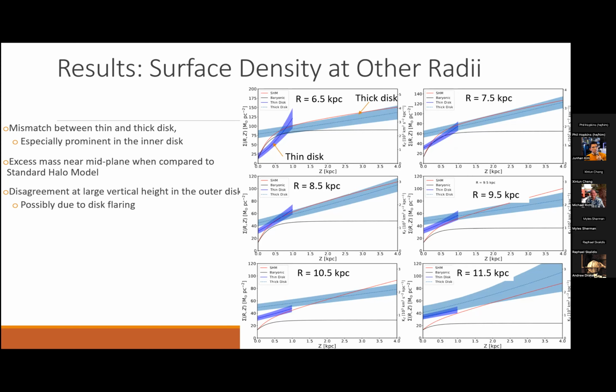And generally, there is excess mass near the midplane when compared to the standard halo model. And in the outer disk, at large scale height, the numbers we calculated are not consistent with the standard halo model. This could possibly be due to disk flaring.